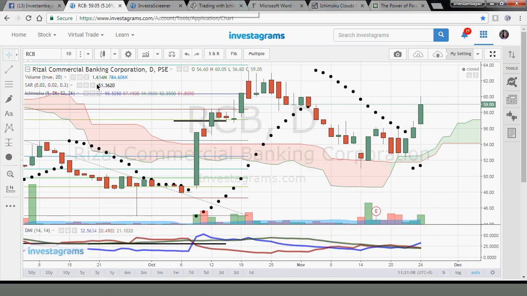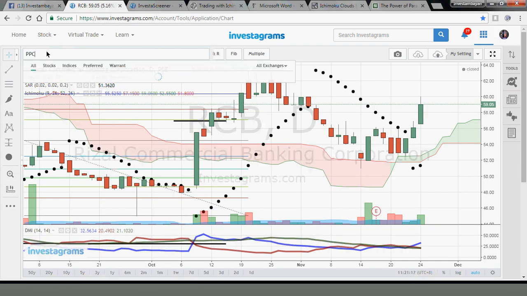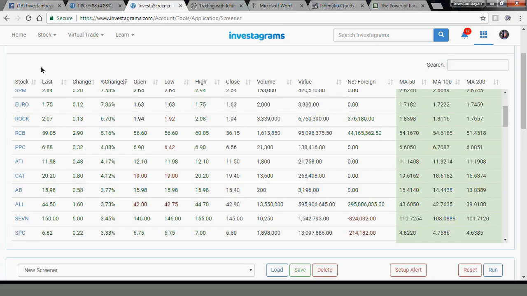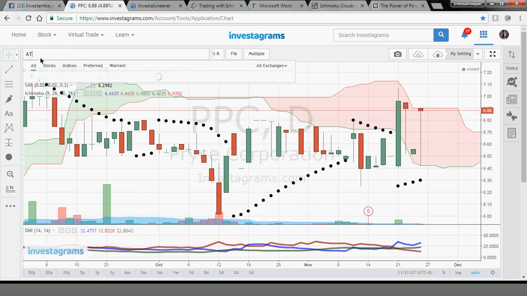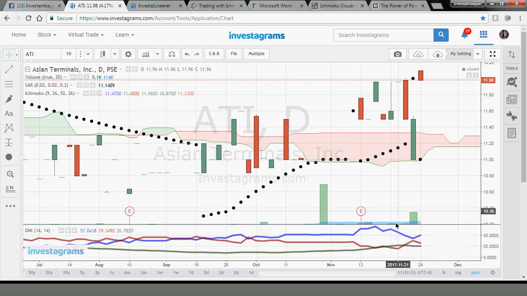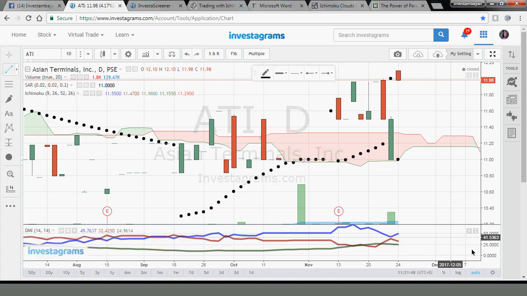Oh, this is an example of ranging as well. Check. Ranging. Okay, ATI, but first parabolic above the cloud. So nakikita natin dito, this is still not good.